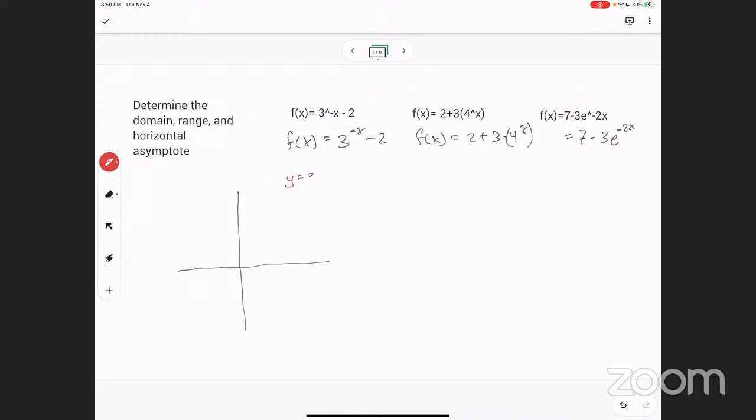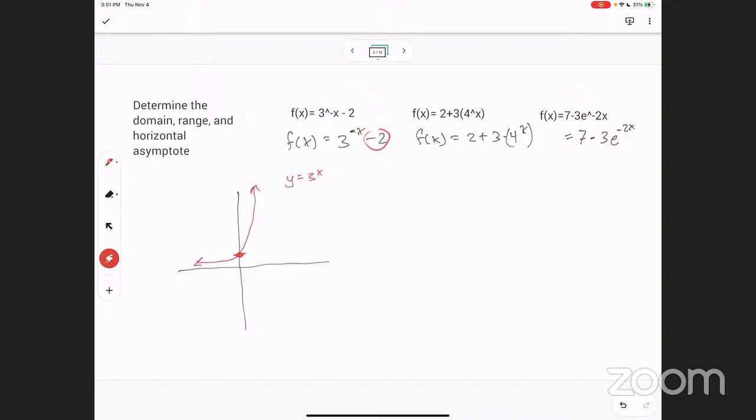Y equals 3 to the x would go through 0, 1, and the asymptote would be your x-axis, and it would go up like that. When you make the x negative here, remember, making the x value negative flips it over the y-axis. Do you remember that? So this is actually going to go that way.